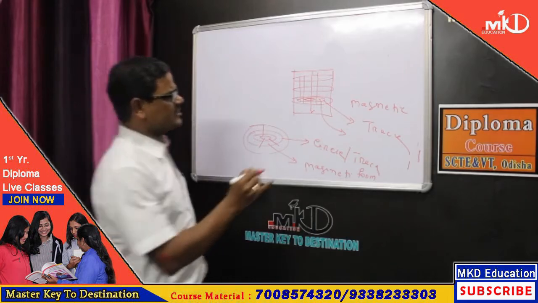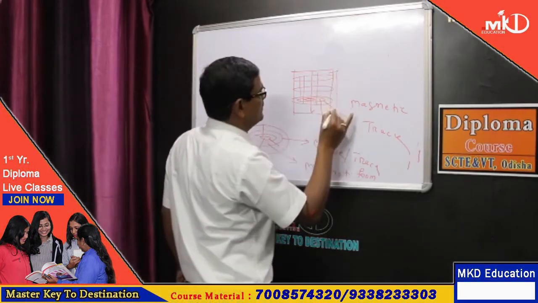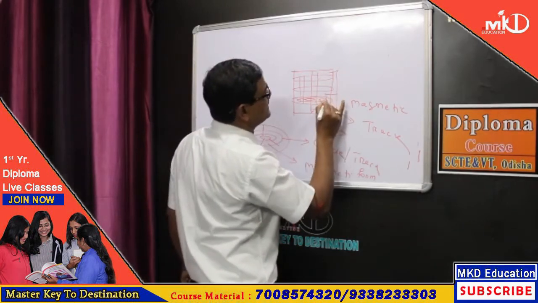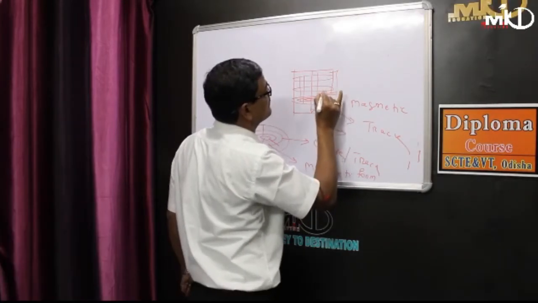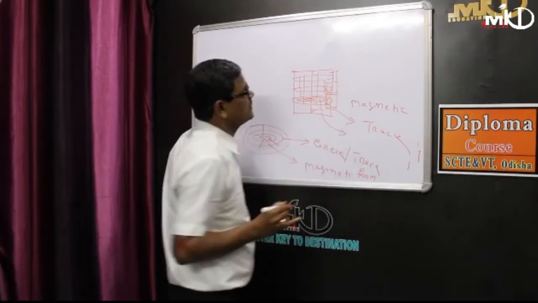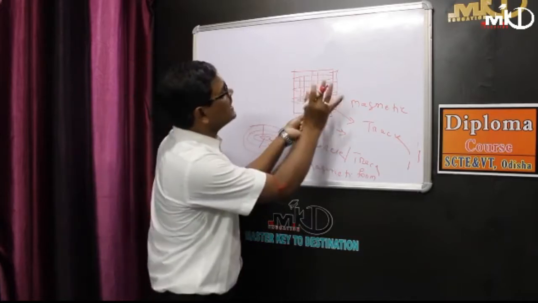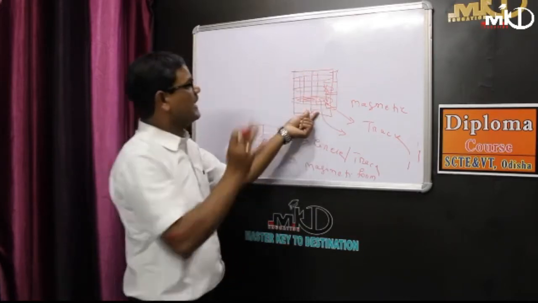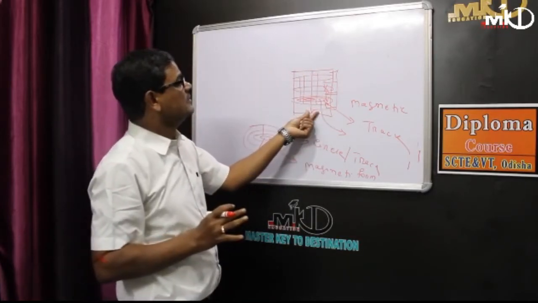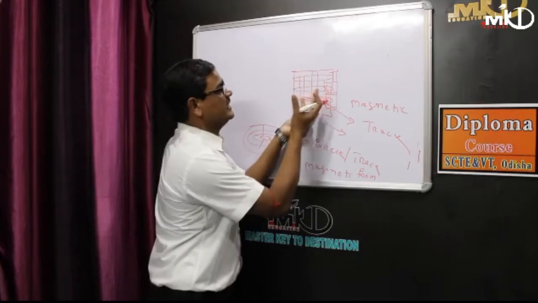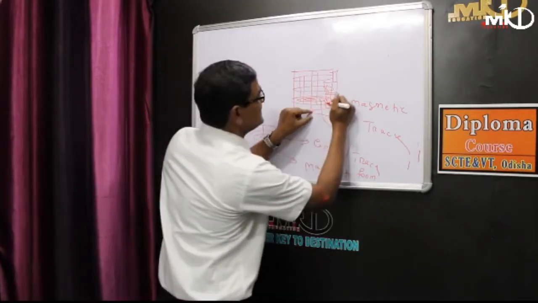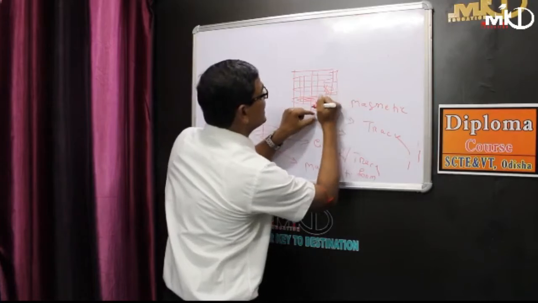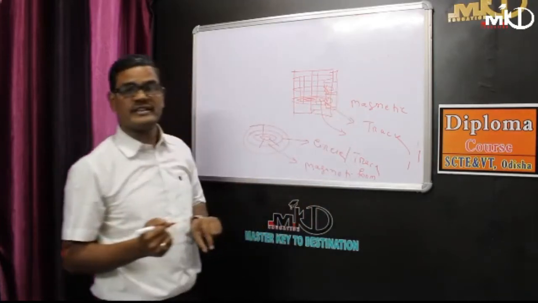There is a motor, and every cylinder contains a read-write head. This motor rotates all the magnetic cylinders very speedily. At the time of rotation, it reads data as well as writes data from the track and the sector.